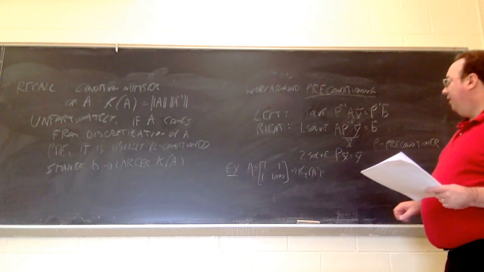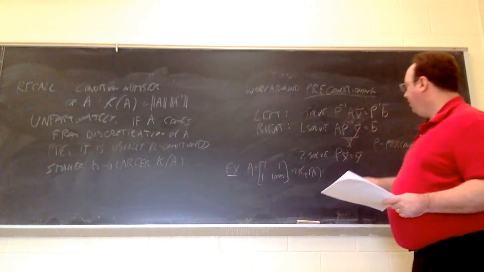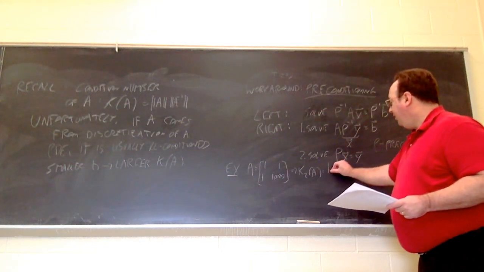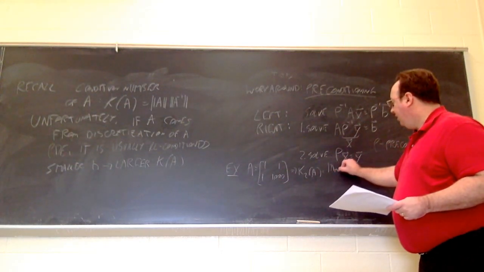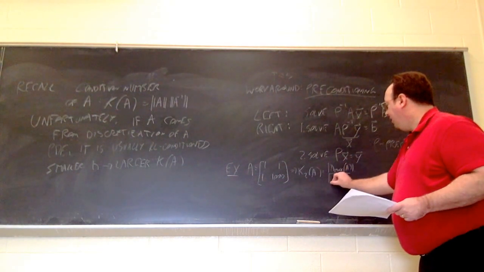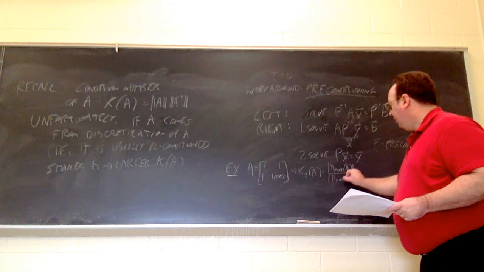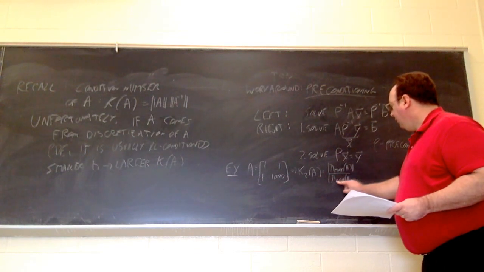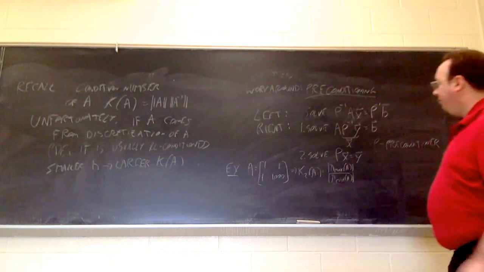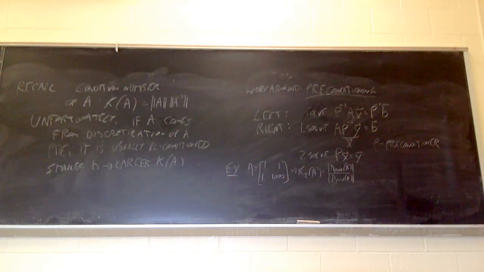So this matrix is symmetric. So in fact, I can give a formula for the condition number. It is the absolute value of the largest eigenvalue of A divided by the absolute value of the smallest. More generally, the 2 norm condition number is the largest singular value divided by the smallest singular value.